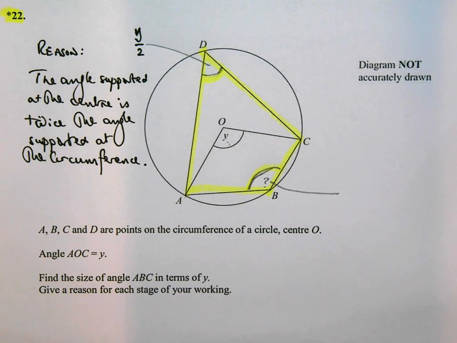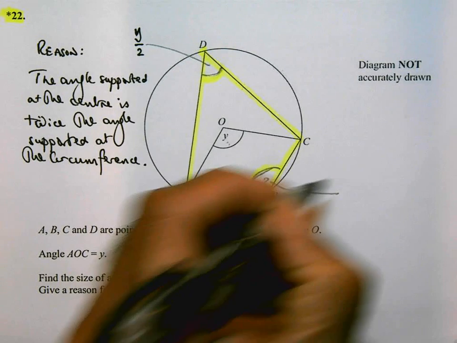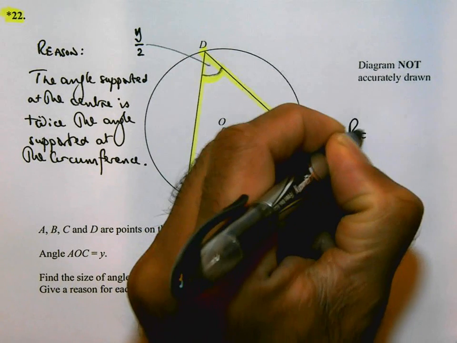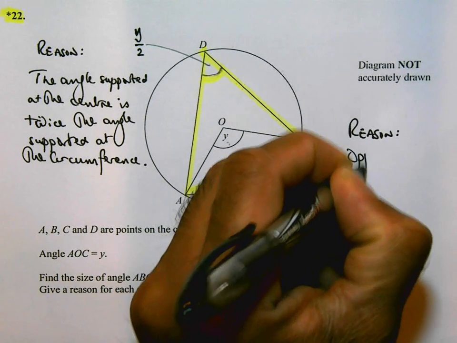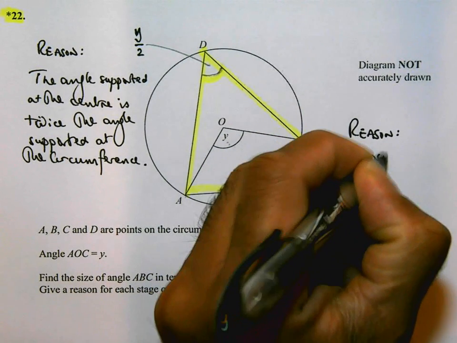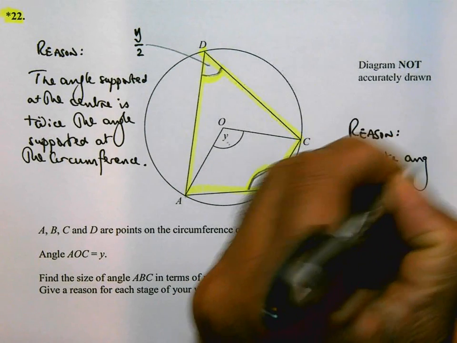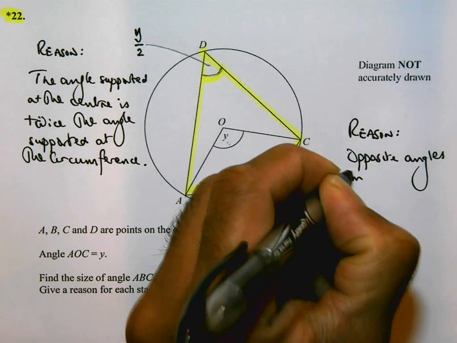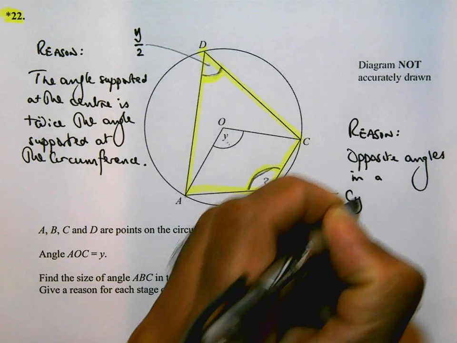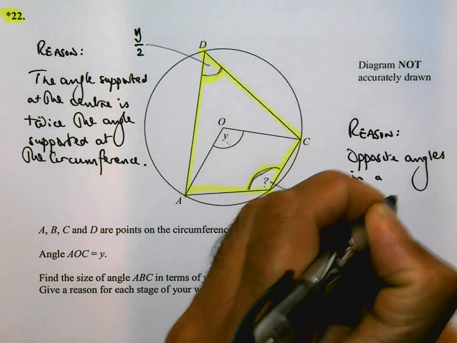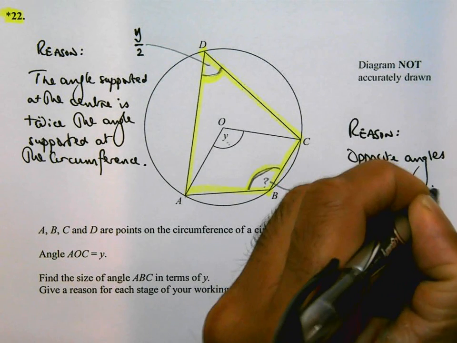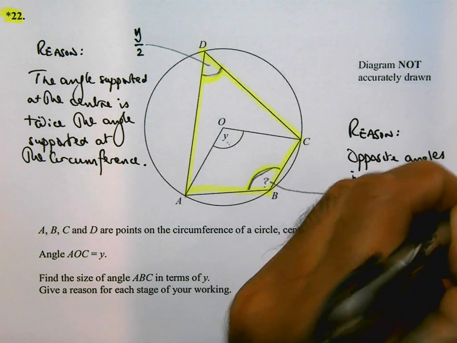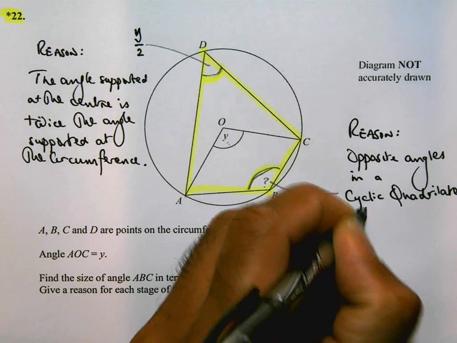So I'm going to write that down. So opposite angles in a cyclic quadrilateral add to 180 degrees.